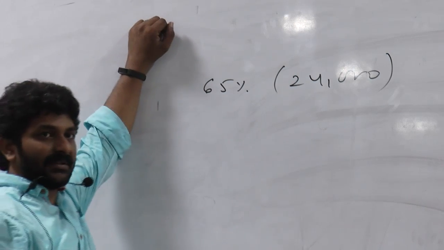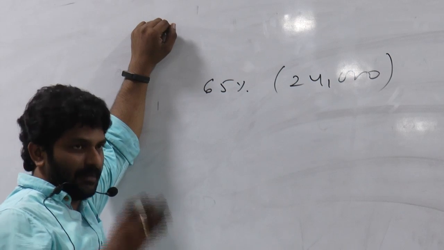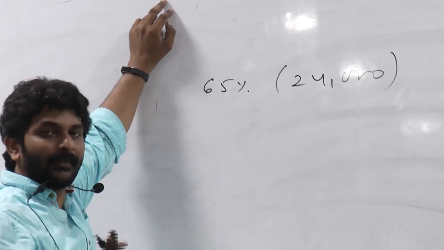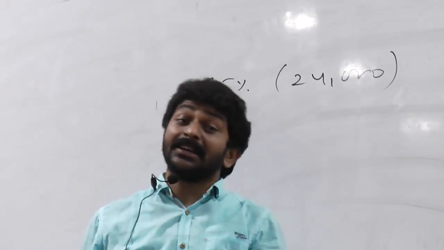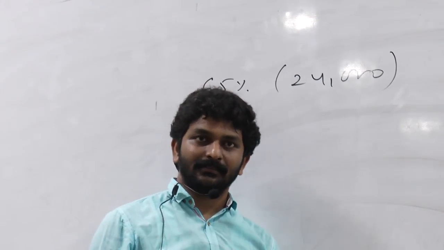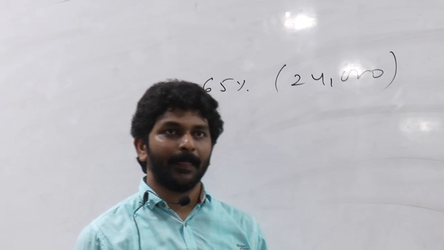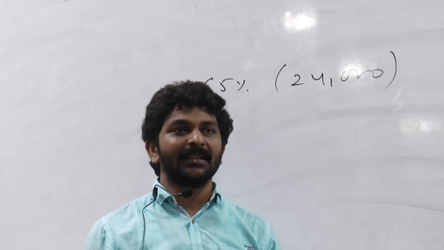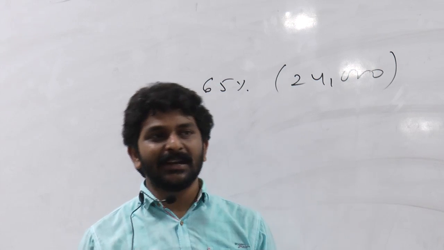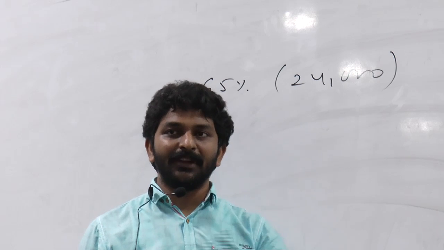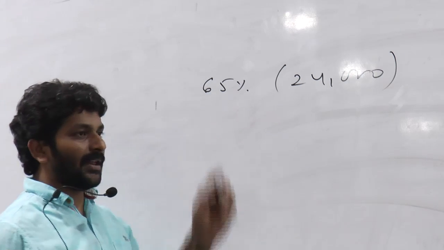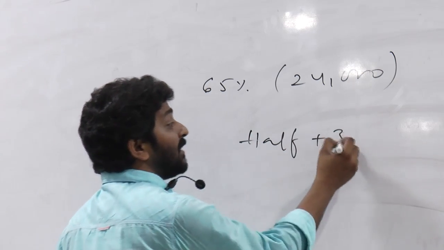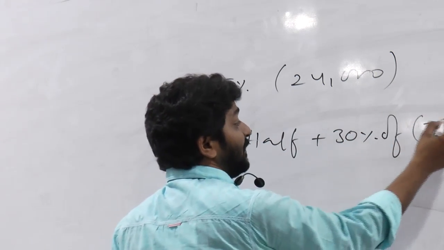How will you get 65%? Half, and then you need 30% of that number. I am telling you half plus 30% of it.